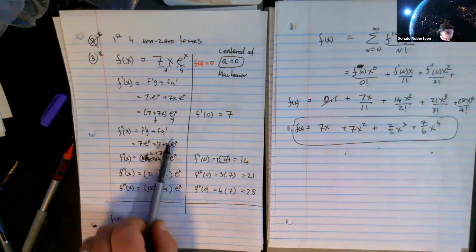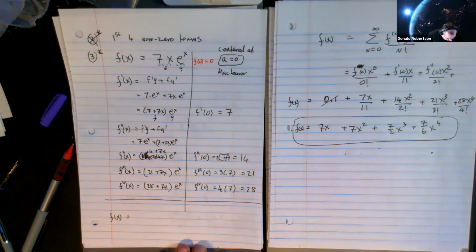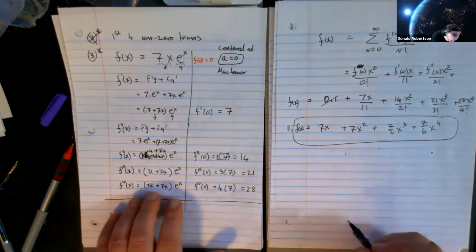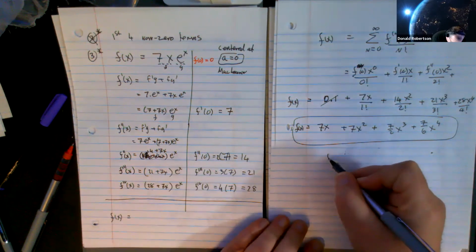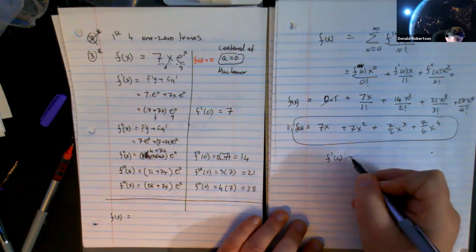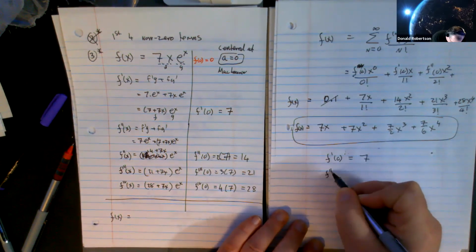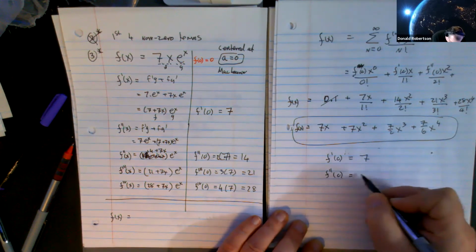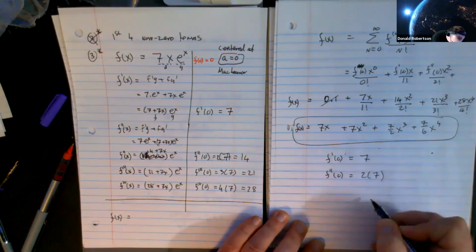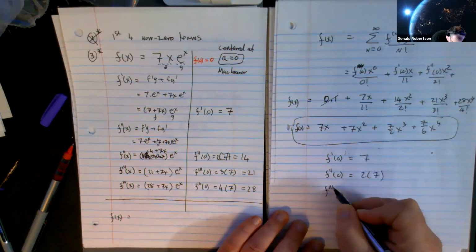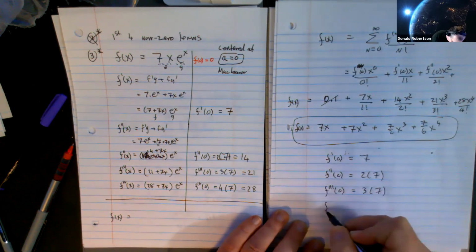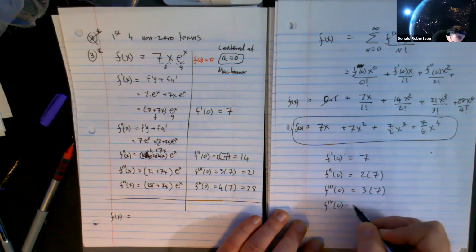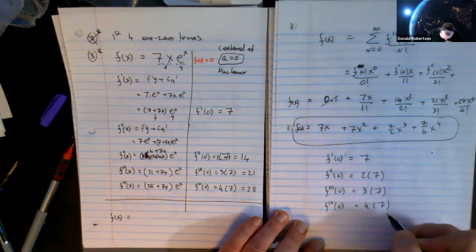Now here's a question they didn't do, but I think is worth doing. Do you notice here, and I'll write them down, the first derivative was 7, the second derivative was 14, but I'm going to write it as 2 times 7. The third derivative was 21, and the fourth derivative was 28.